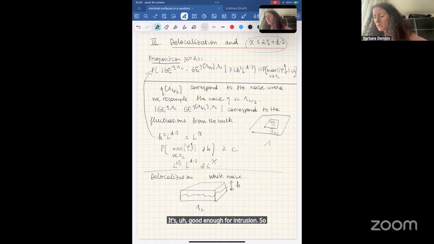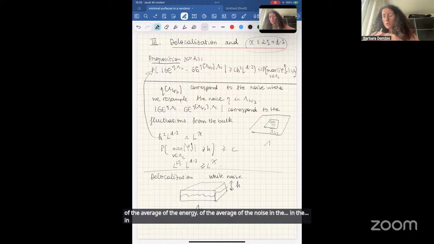So you have natural fluctuation of the average of the noise in this box. You look at the average of the noise, you sum all the noise, you divide by the volume of this box, and you have natural fluctuations that are Gaussian.